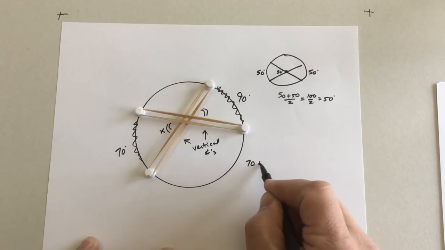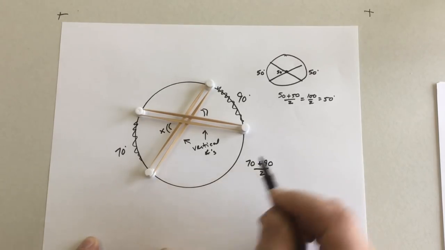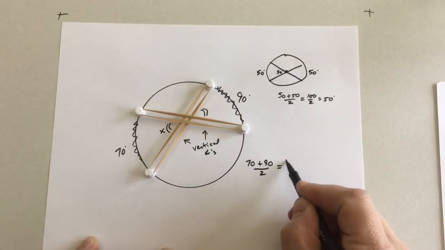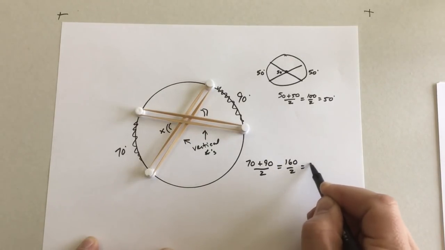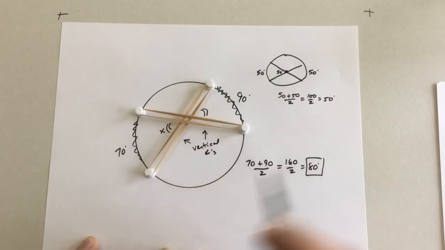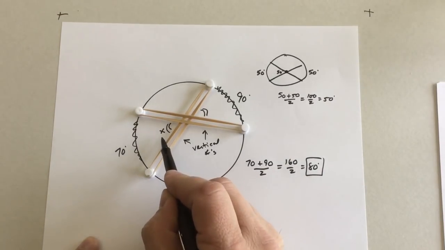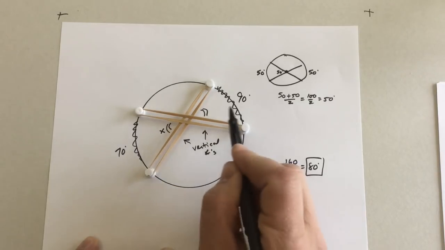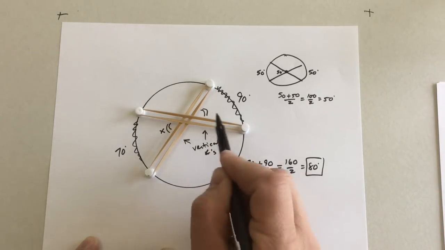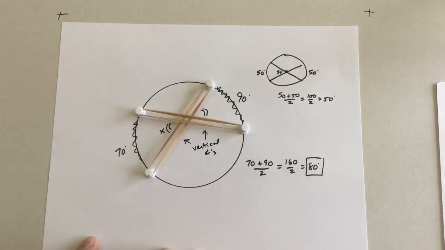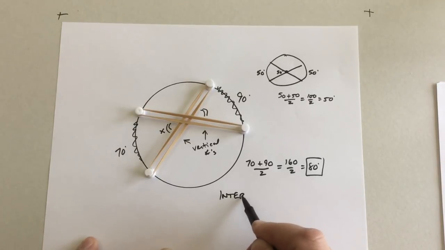My hypothesis, and it's not really much of a hypothesis, is that if we average these two intercepted arcs, we will get the angle that is attached to those. So this angle is actually 80 degrees. So if we average the two arcs, adding them together, dividing by 2, you'll get 80 degrees. So that's an example. So that's interior angles.